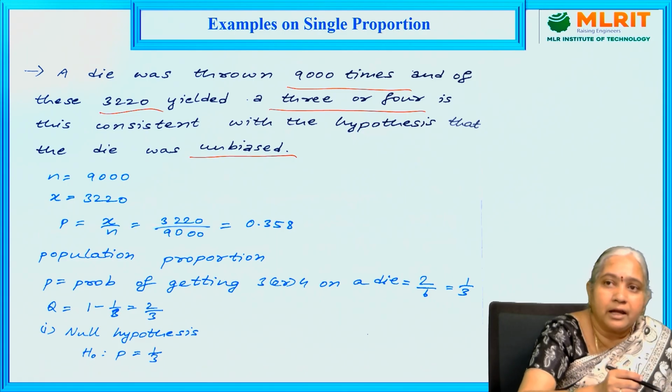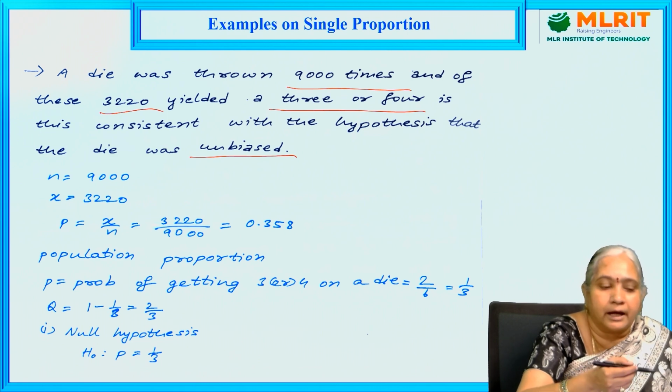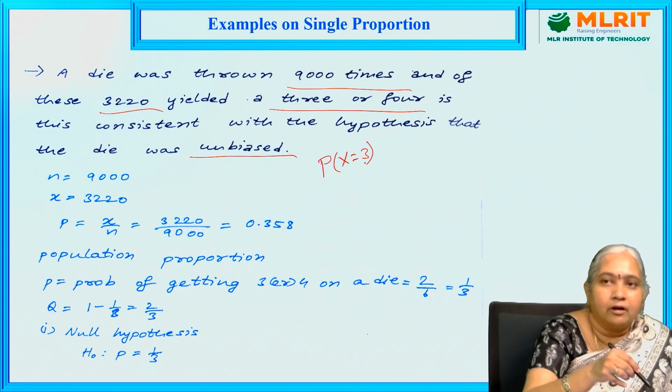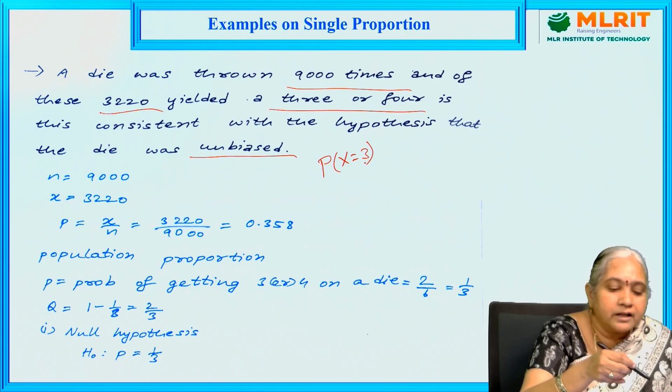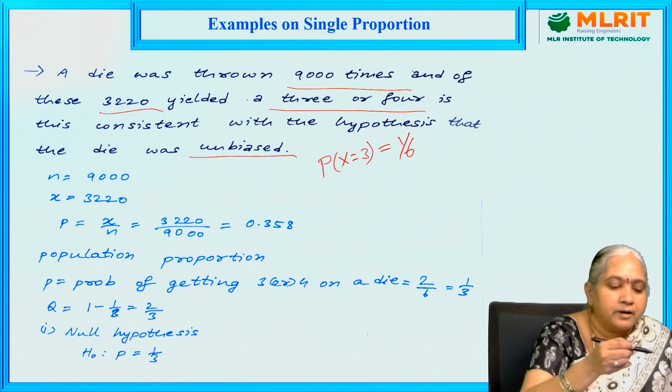Unbiased means we know how to calculate the probability when throwing a die. The probability of X equal to getting 3 is 1 by 6, out of 6 possible outcomes.